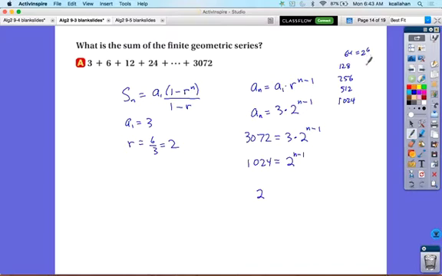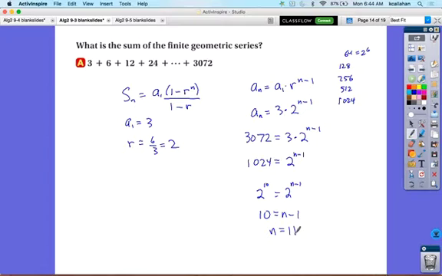So that was 6, 7, 8, 9, 10. That's actually 2 to the 10th. And if 2 to the 10th equals 2 to the n minus 1, then 10 equals n minus 1. n equals 11.